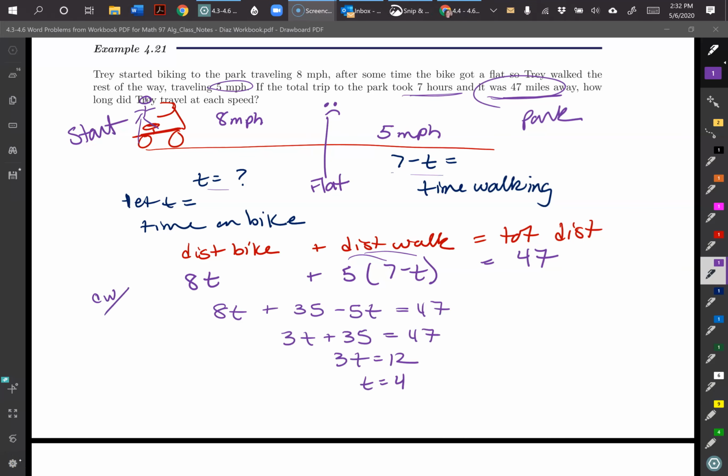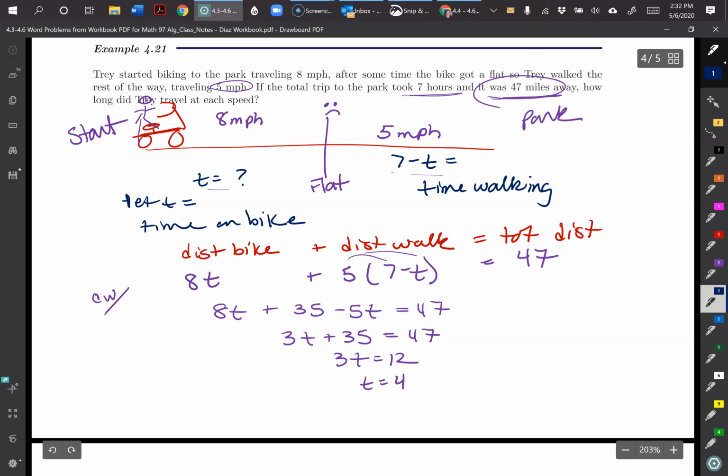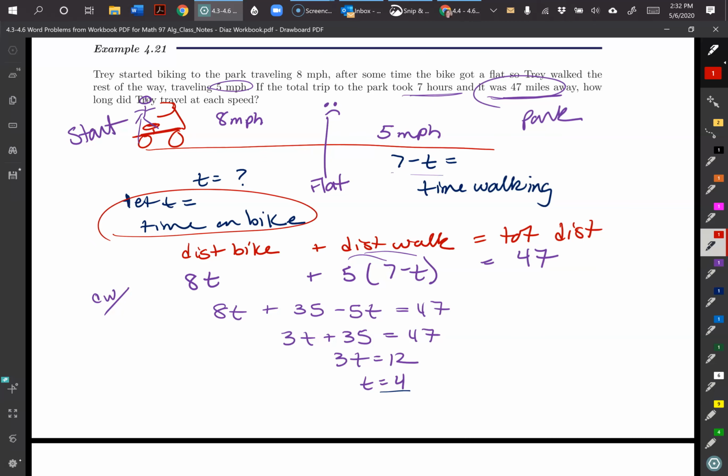So we're almost done. We just need our sentence here. We have t equals 4. Well, what does that represent? We can look up here. That's the time on the bike, right? And we want to know how long did Trey travel at each speed. So we have to make sure we include all that.